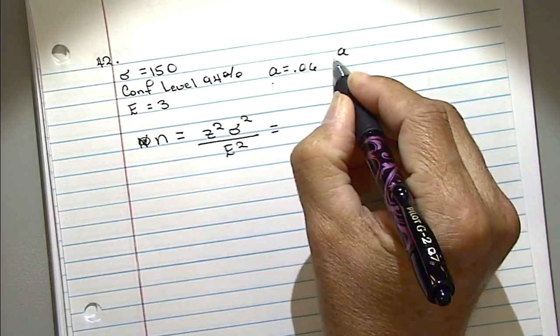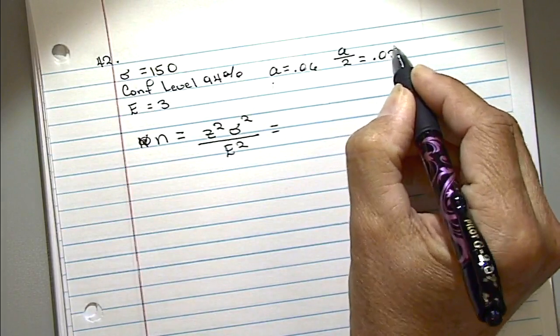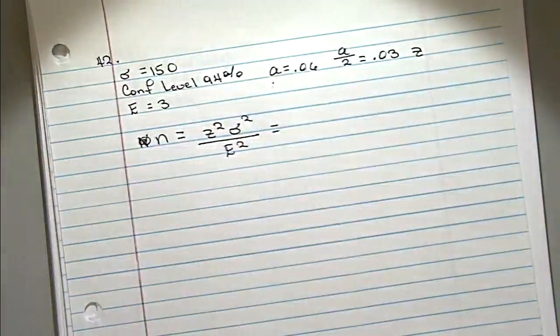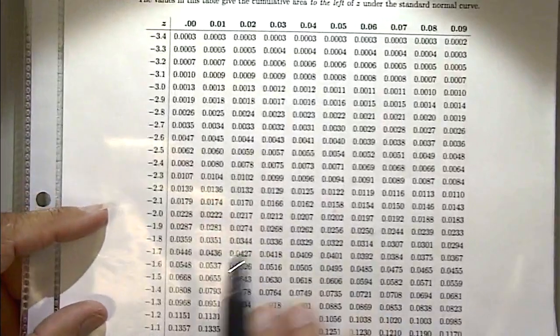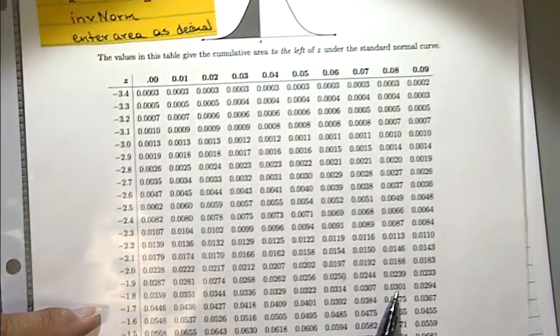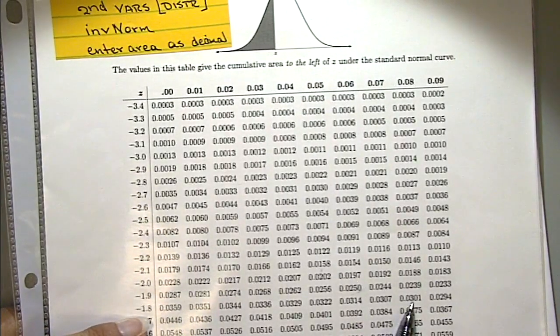And I also need to divide alpha by 2, and I'm going to get 0.03. And because I'm dealing with a z-score, I'm going to look up 0.03, which is not one of my normal values, on the negative side of the table. About as close as I'm getting is 1.88. I think that's what I used for that one.